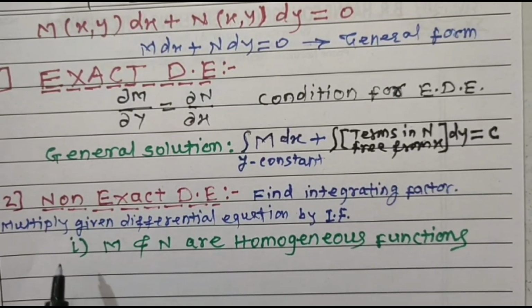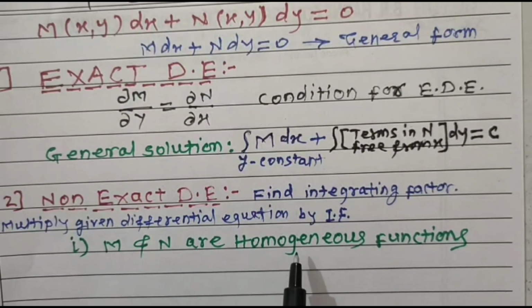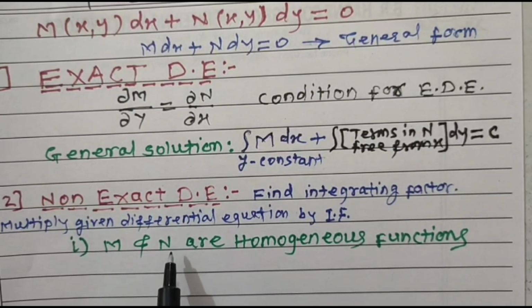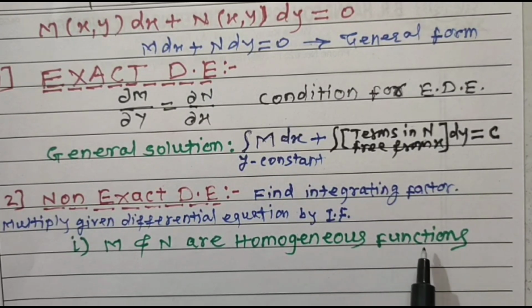Now this is case number 1 for non-exact differential equation. M and N are homogeneous functions. Homogeneous means each term in M and each term in N must be of the same degree. Then that differential equation is said to be a homogeneous differential equation, and the functions M and N are known as homogeneous functions.